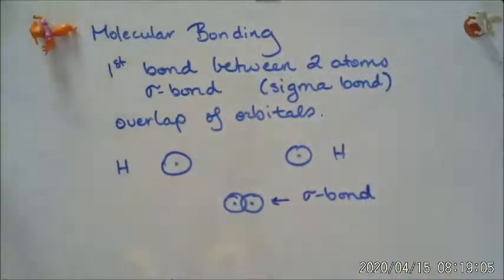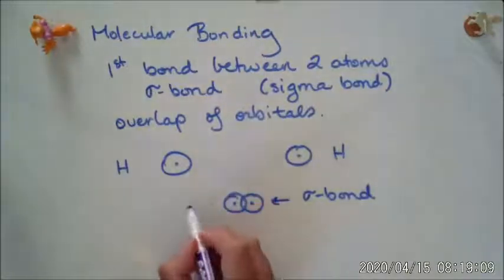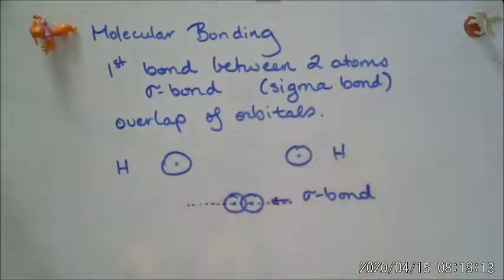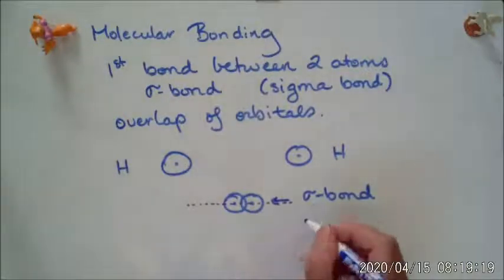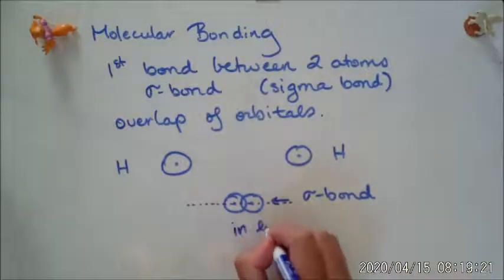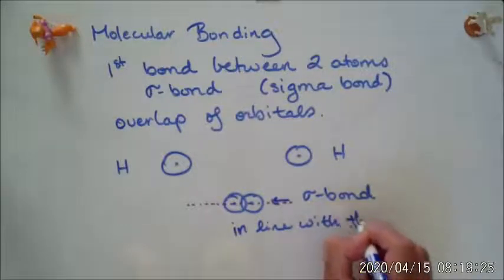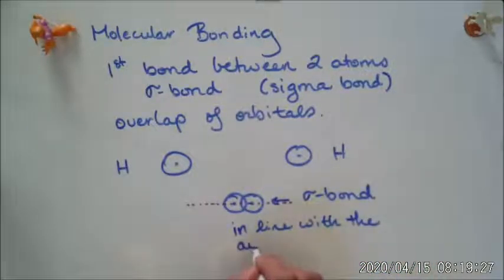Now, what are the properties? One, if you look at the axis on which my nuclei are aligned, my sigma bond is in line with the axis of the nuclei.